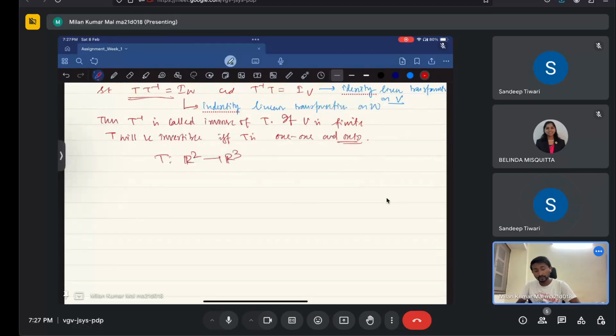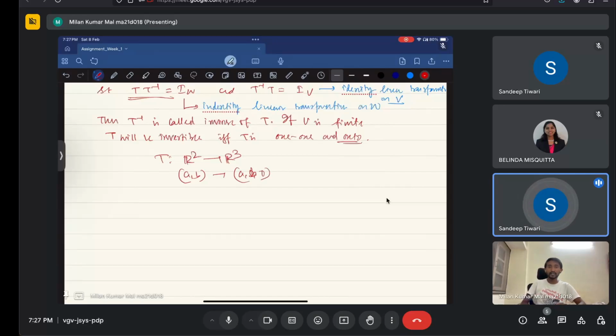If the dimensions of the domain V and W are the same, then in finite dimensional spaces the dimensions should be the same, and in that case there will be an invertible linear transformation.